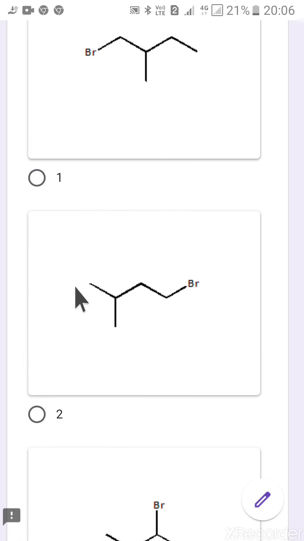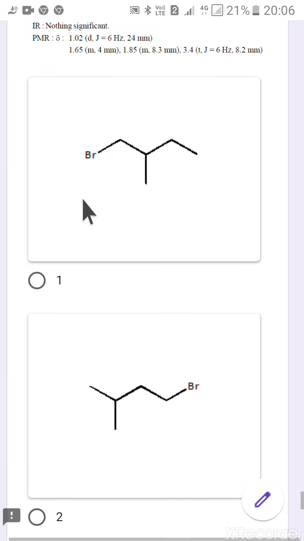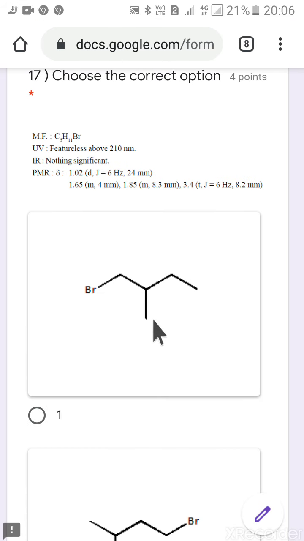Here there is an option of 6H showing a doublet, and another CH2 showing 2 plus 1 is 3, a quartet or multiplet. So we have a multiplet. Let's see the last signal, 3.4, triplet of 2H, and it is around 3.4, that means it is attached to the heteroatom.